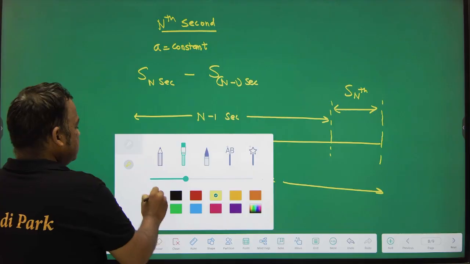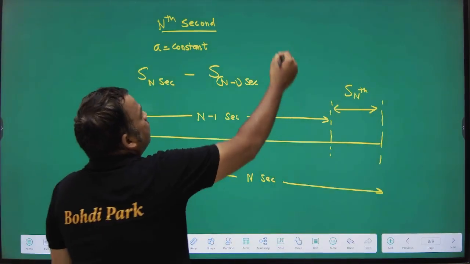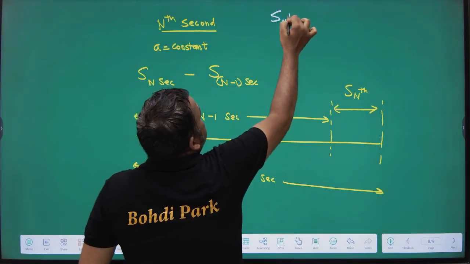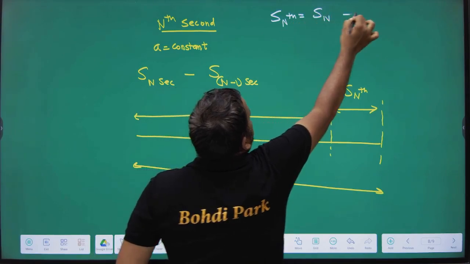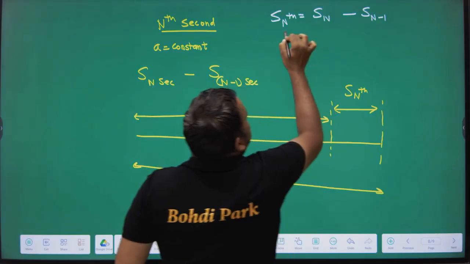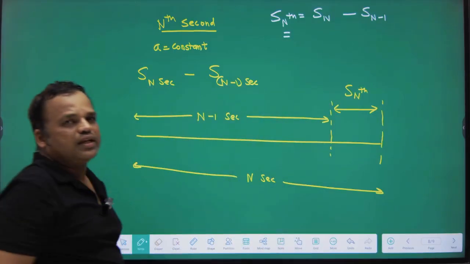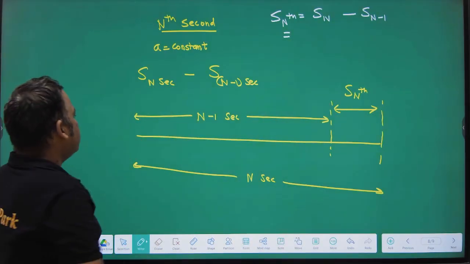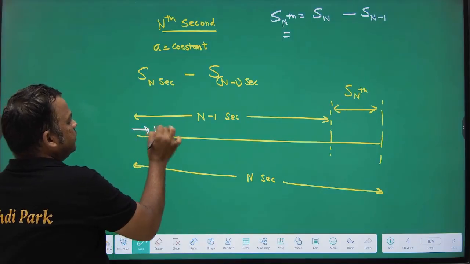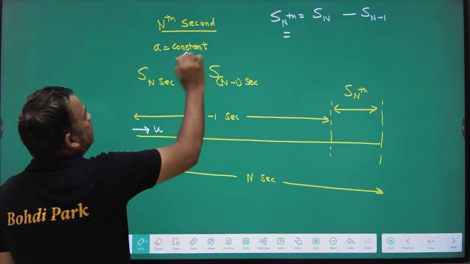So we can make a formula for this. Snth is equal to Sn minus Sn minus 1. Now Sn means the time taken will be n seconds, and suppose the initial velocity is u and acceleration is a.